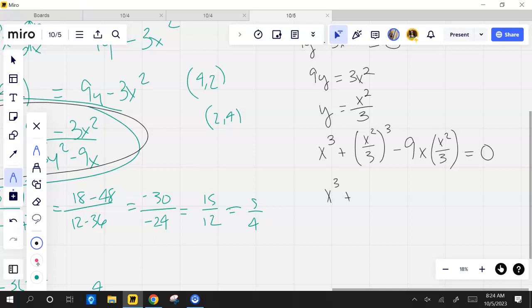x cubed plus x to the 6th over, what's 3 cubed? 81. I was taking it to the 4th. Minus, all right, that's just going to be 3x cubed.